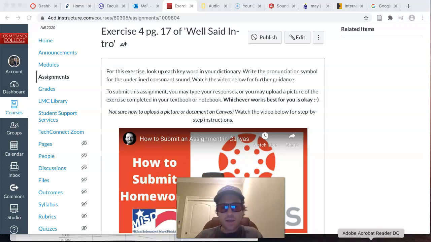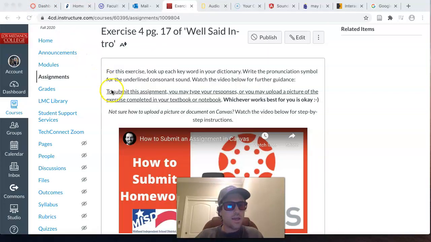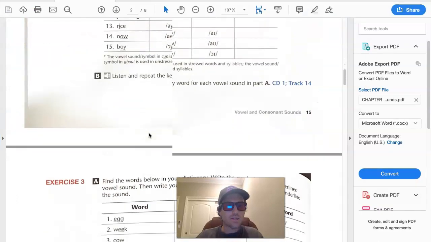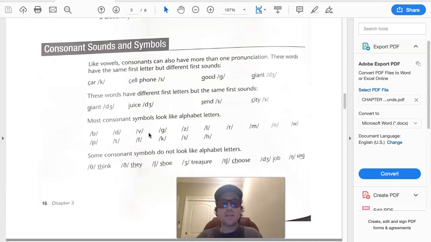So let's go back into the textbook and take a look now at consonant sounds. We're on page 16 of the textbook. Like vowels, consonants can also have more than one pronunciation. The letter may have more than one pronunciation.